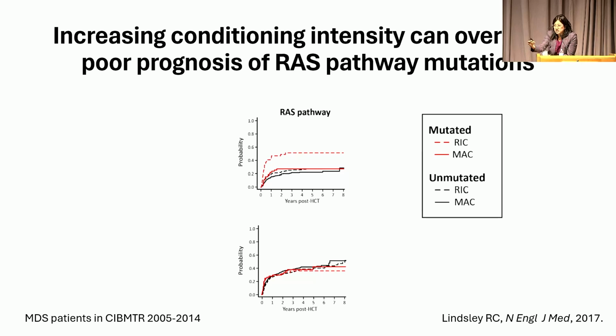Not only, just as Dr. Gooptu presented, augmenting intensive conditioning didn't look like it would matter for those with P53, but when you had a RAS pathway mutation, you could potentially eliminate the poor outcome if you were to offer more of a MAC versus a RIC regimen, showing that maybe if you could give more, add a little bit more beef to your conditioning or your transplant strategy, you might be able to overcome these pathway mutations.